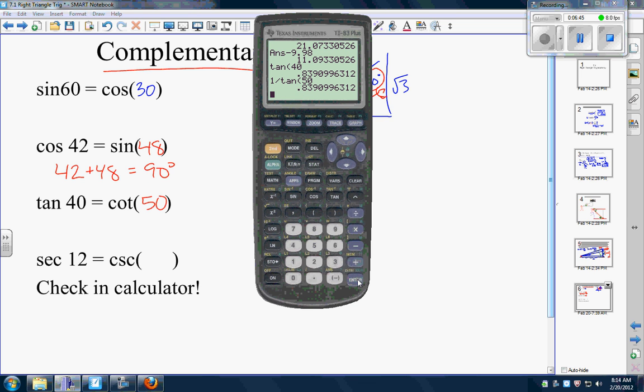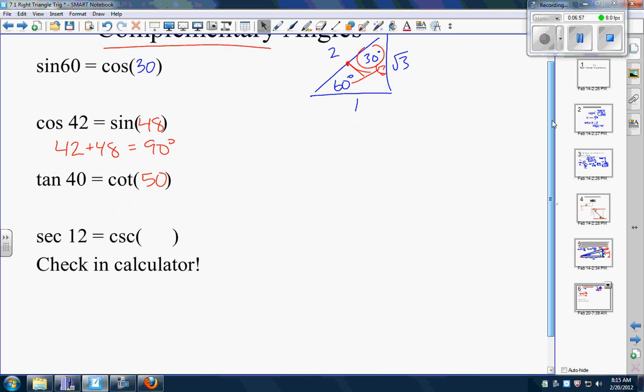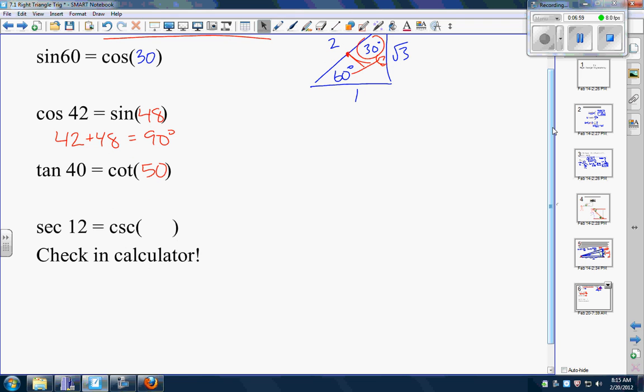And there you go. We can say cosine 42, same thing as a sine 48, and they match up. Okay, so you can use your calculator to help you out with these guys. So secant of 12 should be the exact same thing as a cosecant of 78 degrees. And you can check those in your calculator as well.